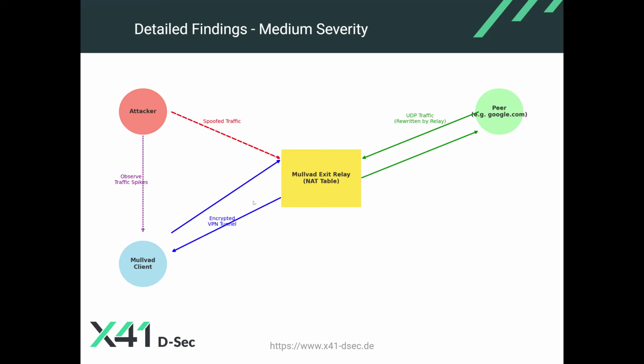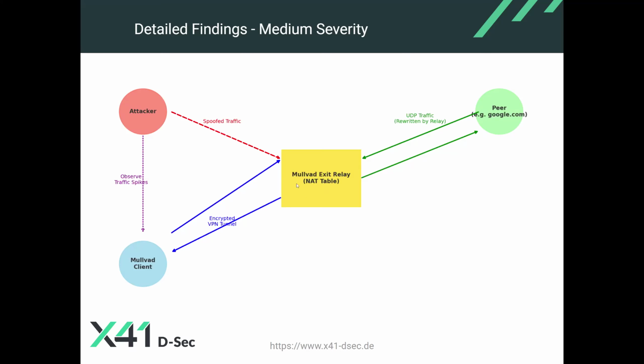They go over the VPN and out of the VPN, but the VPN changed their IP address, so nobody knows it's this client. Google says, okay, I have a request from this exit IP, and sends back the response. So everything's great, right? Everything's protected.